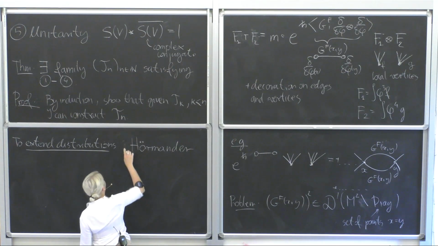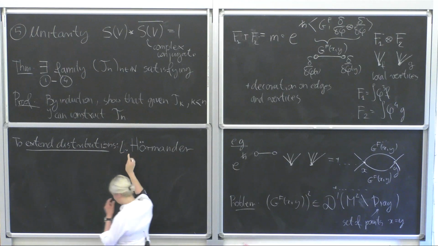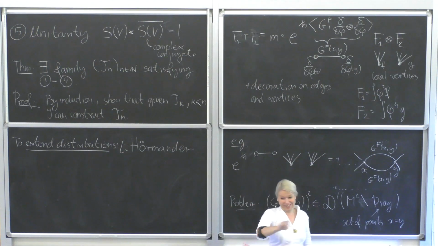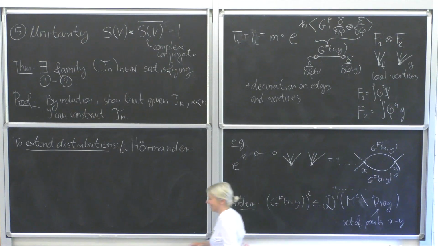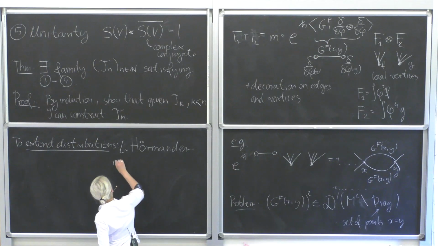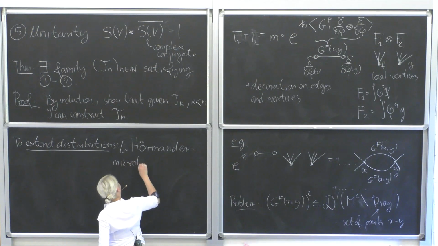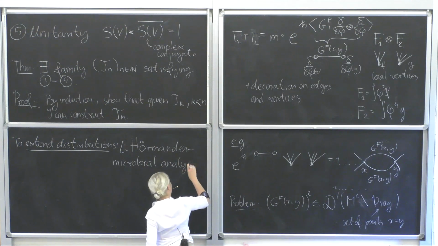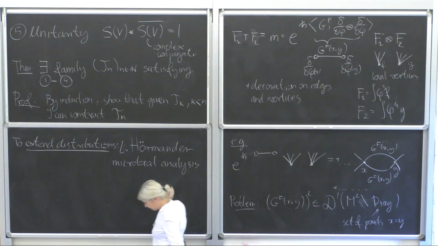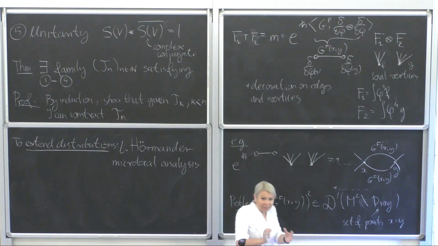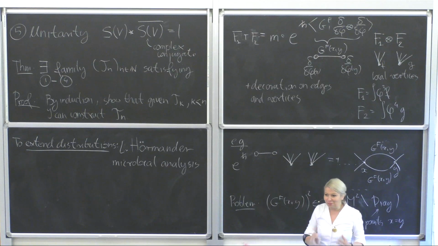Now I always forget what's the actual title. But anybody in the audience? No? Okay. Yeah, so this is microlocal analysis. And this is a nice book for doing illegal things in quantum field theory, okay?